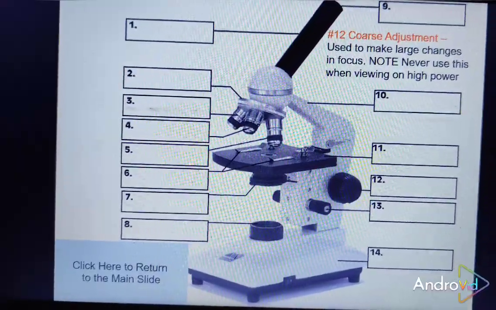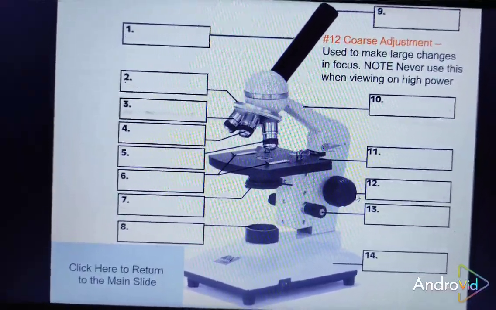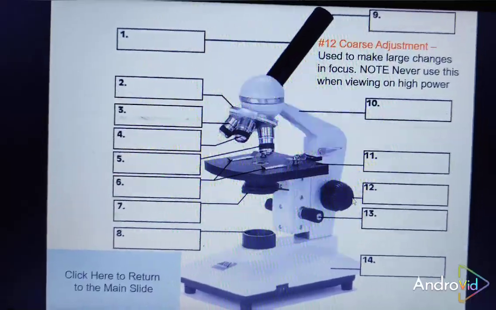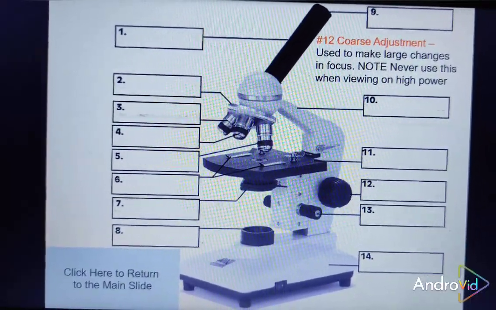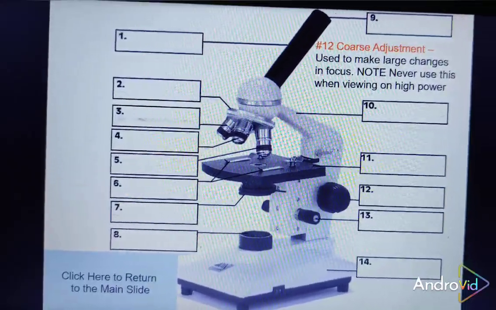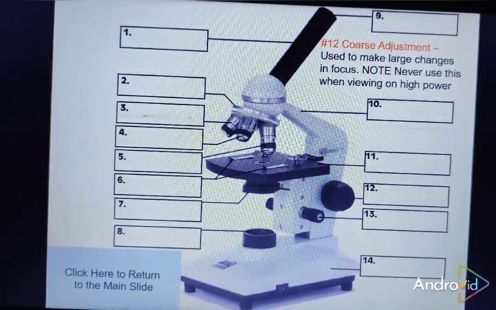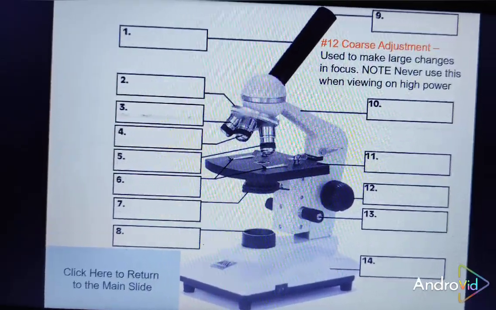If you see over here on this particular part, this is the coarse adjustment knob. This coarse adjustment knob is used to make changes in the focus, and with the coarse adjustment knob you can change the focus of the image.